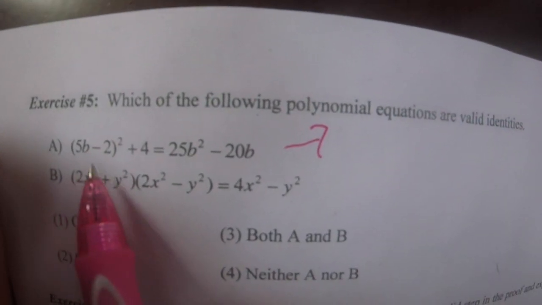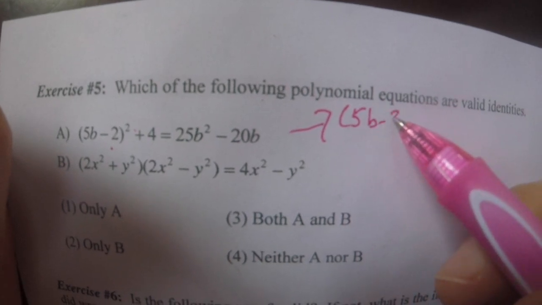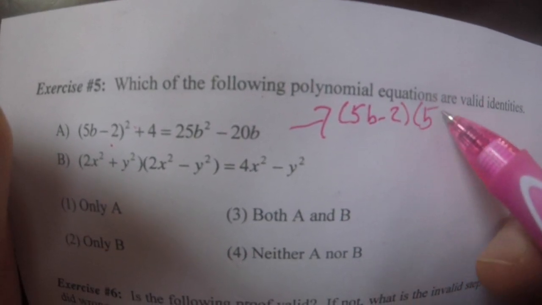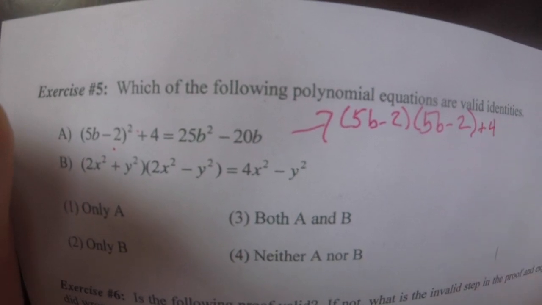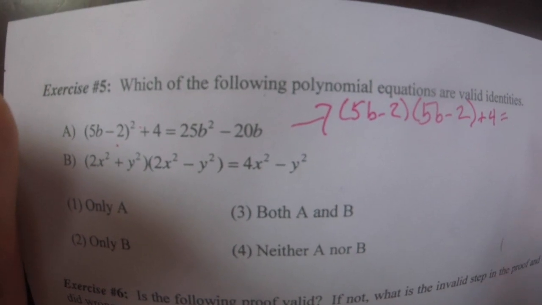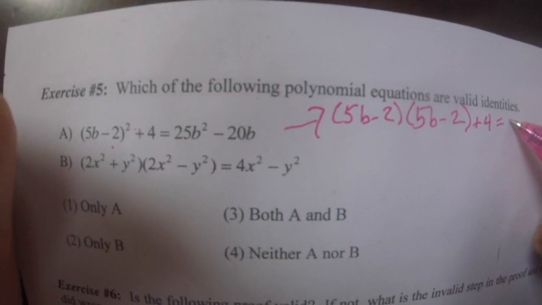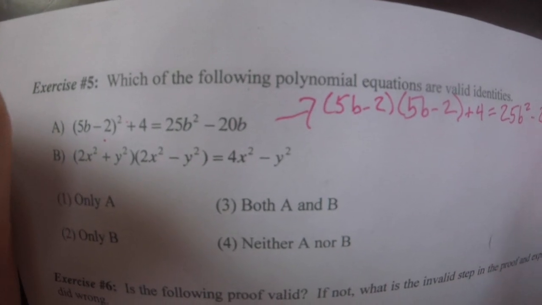So remember, 5b minus 2 squared is 5b minus 2 times 5b minus 2. And we're adding that to 4. And we're seeing if that's equal to 25b squared minus 20b.